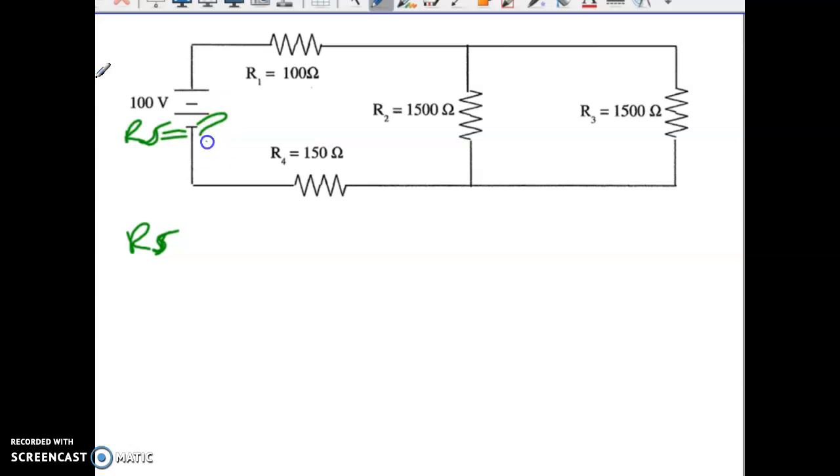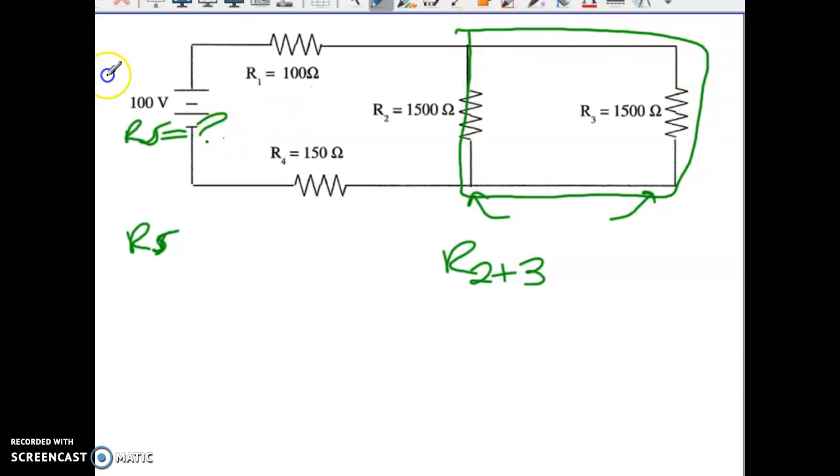That's what we're trying to solve for. So the first thing we're going to do is figure out what our R2 and R3 are, because 2 and 3 are in parallel with one another. And we have to figure out what these two are together so that we can then do a simple series circuit here.